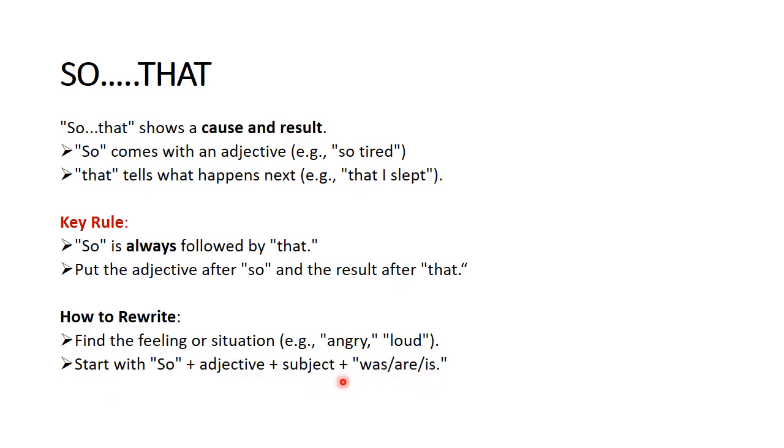Was if it's in the past, is if it's now, are if there are many. So this is the structure. So number one, adjective like tired, subject, then was, are, is. Then after that you write "that" and the result.